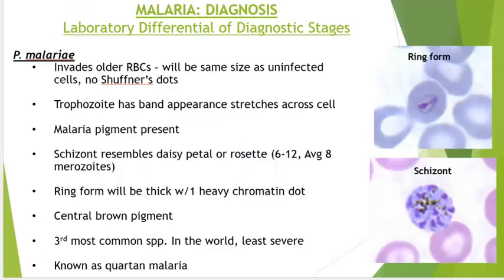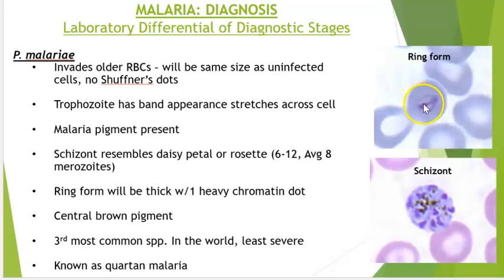Okay, now let's discuss Plasmodium malariae. This one invades your older red blood cells, and it will be about the same size as the unaffected red cells. You will not see any Schüffner granules or dots in the cytoplasm. The trophozoites have a band that stretches across the cell.